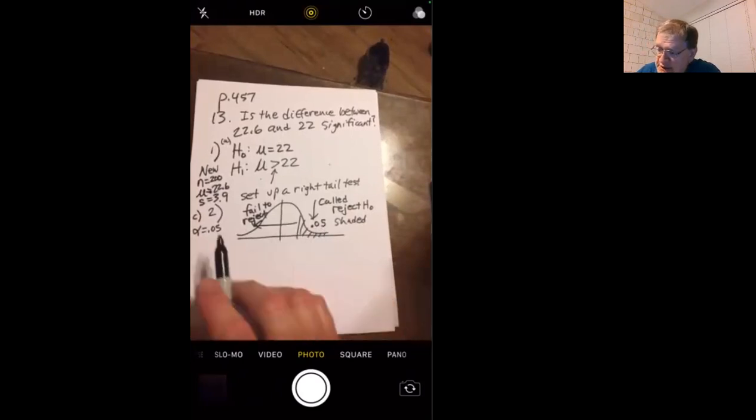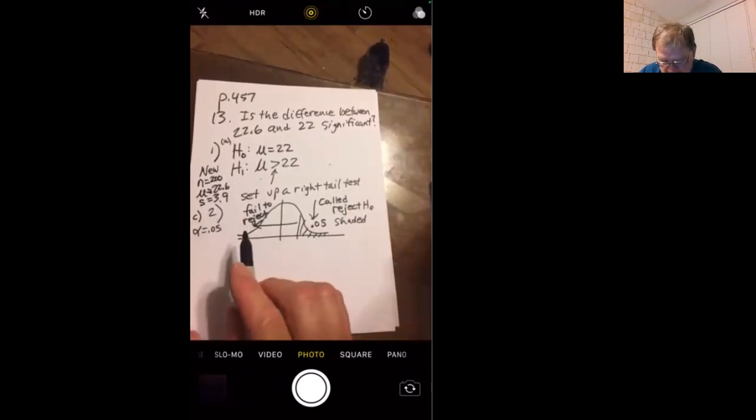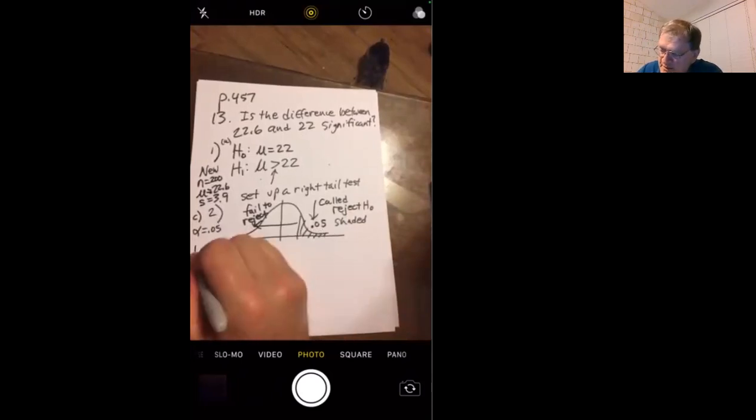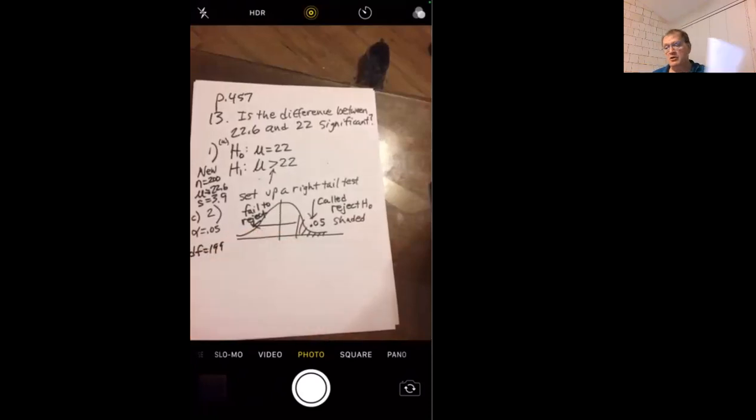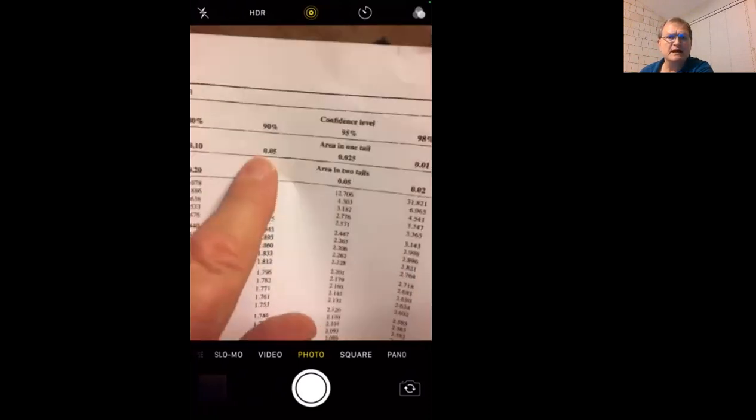Okay, N is 200. That means my degrees of freedom is 199. I have a feeling that won't be on the table. Nope, it's not. So we're just going to have to play the game, guess what number to use. We'll use 100, as 200 is closer to 100 than to 1,000. So we have to find the 0.05 column under area in one tail. The 0.05 column is the second one over.